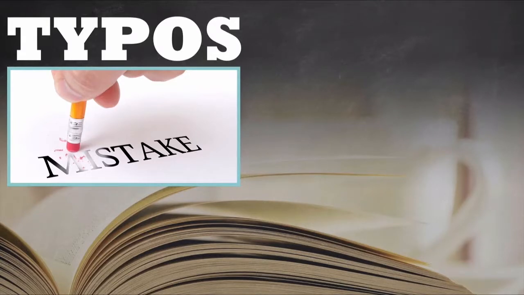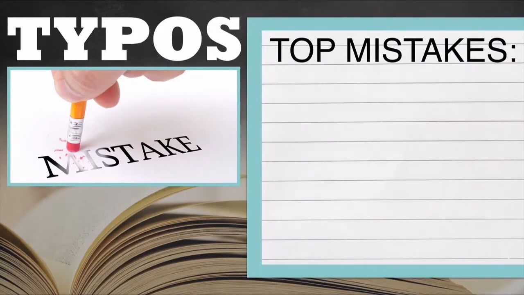So when you are typing, you often make mistakes in capitalization, spacing, punctuation, spelling. All of those are these mechanical errors that you make as typos and these are things to look for when you're proofreading. So I'm going to go over just the top proofreading mistakes that you see.